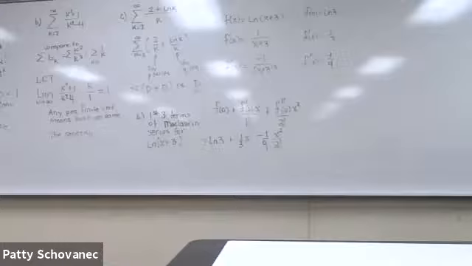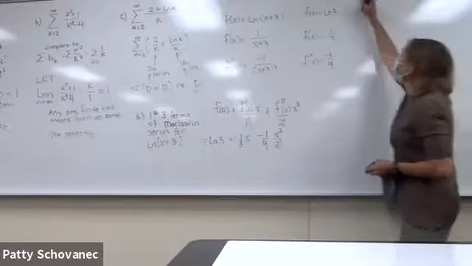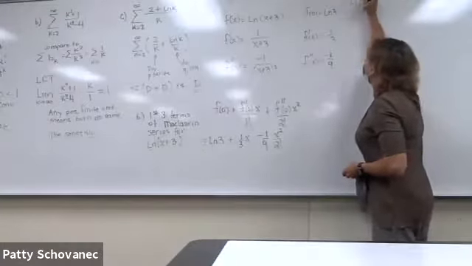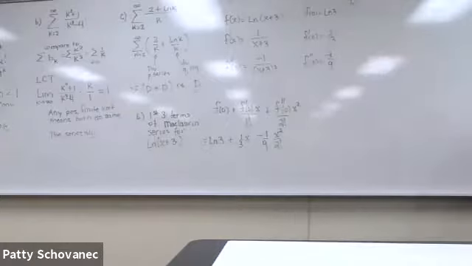All right, the last problem here is problem number 7. Problem number 7 has our vectors. Let's see, we got a vector u whose components are 2, 0, 3.